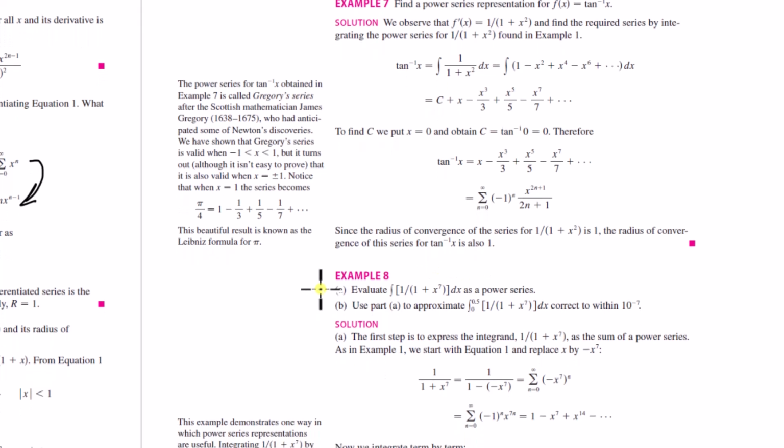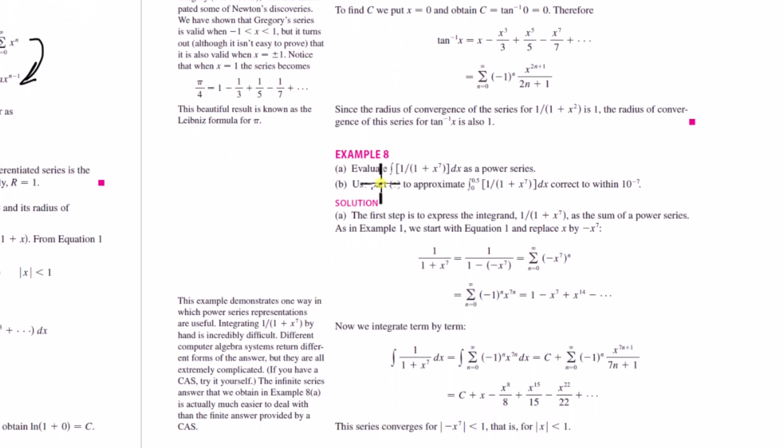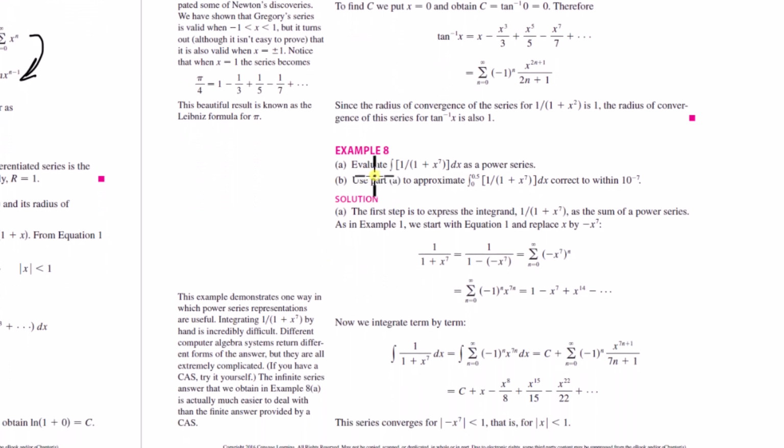Okay, let's take a look at this last example. So first, it wants us to find this integral as a power series. So we see 1 over 1 plus x to the 7th. We can use the manipulation of our base series, so you write this as f of minus x to the 7th.